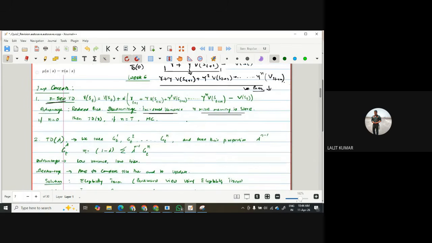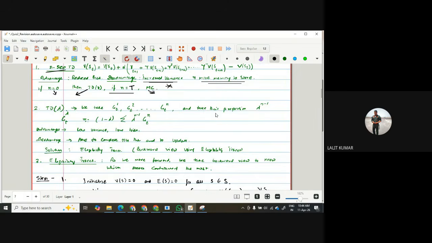Another important point: if n becomes 0, then it is TD(0), as we can see in the formula. And when n is equal to T, the whole episode, then it is Monte Carlo. It means that we have to go through the entire episode to find the value. So these are important for objective kind of questions.